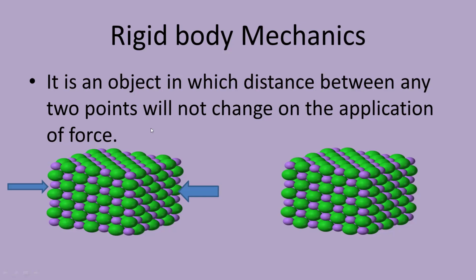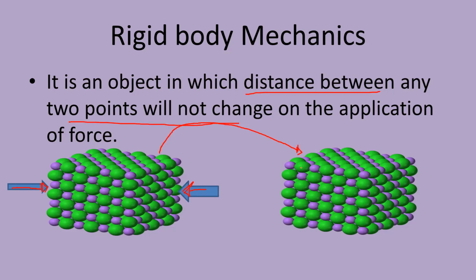So here one structure is shown. This is the molecular structure. We apply the force, we try to compress this object by applying forces. But the effect will be, when we apply the force on the rigid body, the distance between any 2 points will not change.